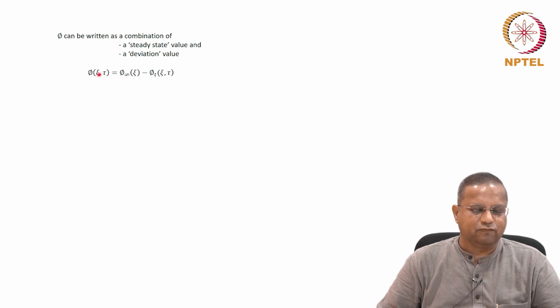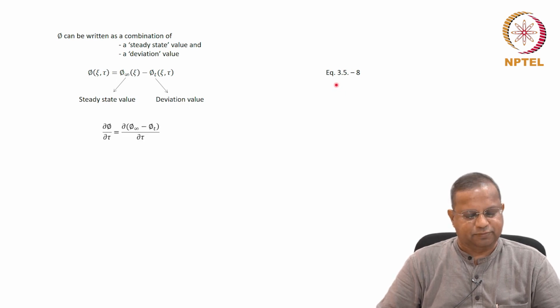So phi of xi, tau, as a function of xi and tau, which are non-dimensional distance and non-dimensional time, is phi infinity at xi, this no longer depends on tau, minus phi t, which depends on xi and tau. Okay. So a steady value and a deviation value, here it is given as a negative, whatever, negative, positive, whatever it is. That doesn't matter. Typically taken as negative for the formulation. Steady state value, the deviation value.